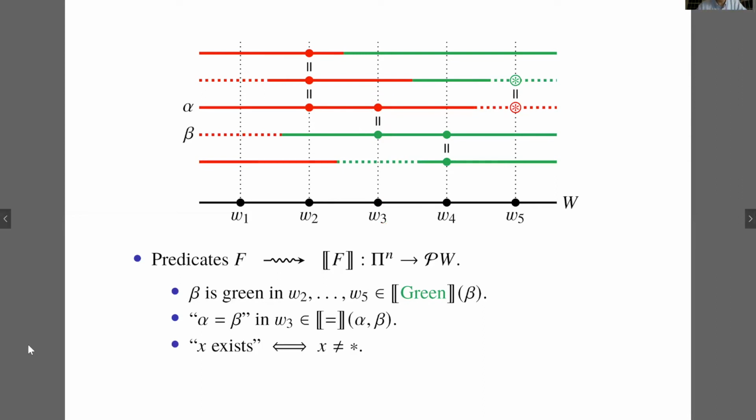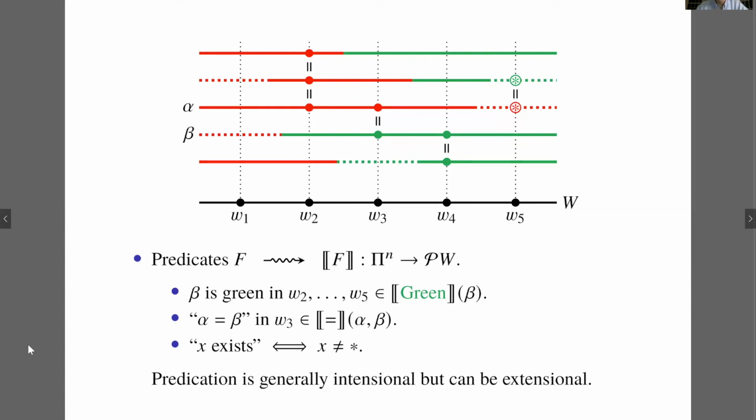And then the existential statement, the predicate of existence: this star is some artificial element that says that the value is undefined. So X exists can be written this way, and then predication is generally intentional, although it can be extensional.